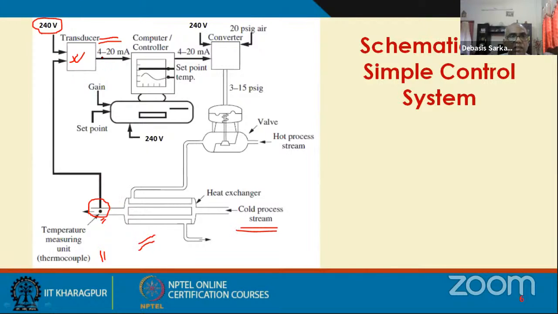We can consider, say, 4 milliampere as the lower range of this temperature, 20 milliampere as the upper range of the temperature, and anything in between will be linearly interpolated. So the 4 to 20 milliampere current signal goes to the controller.